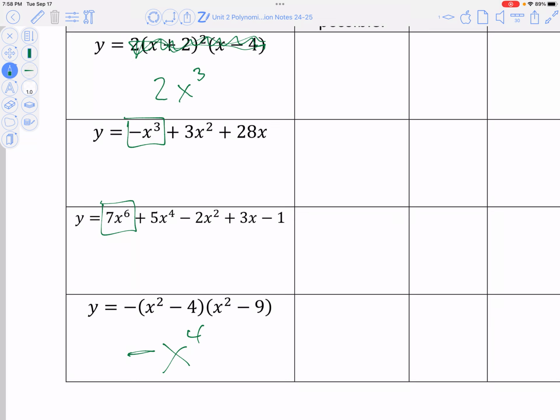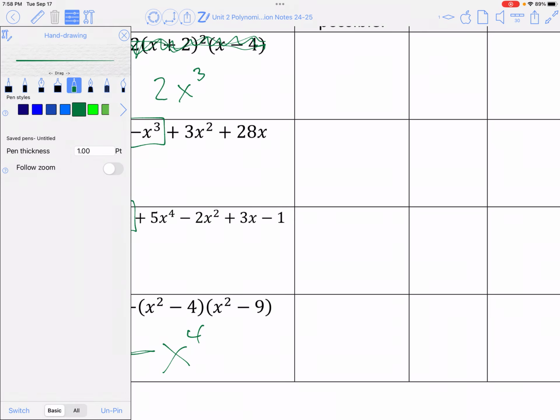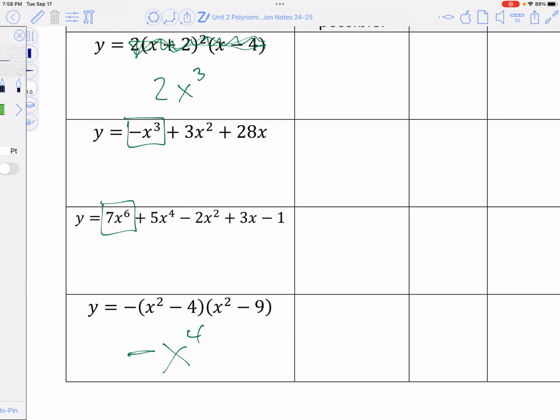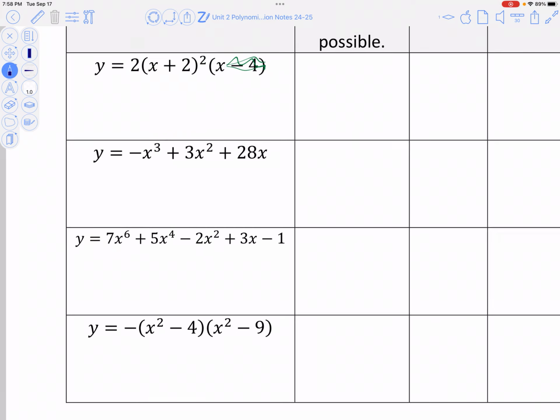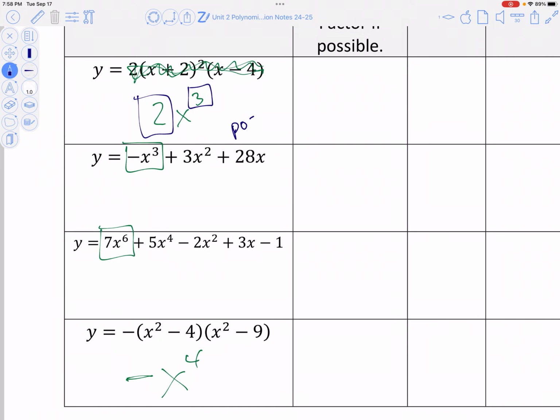The end behavior is determined, again, by two things: the degree and the sign of the leading coefficient, sign meaning is it positive or negative. Here we have a positive leading coefficient and an odd degree. This one is also odd, but in this case it is negative.